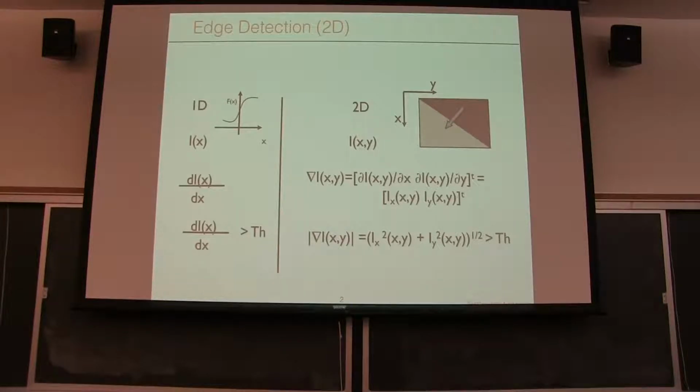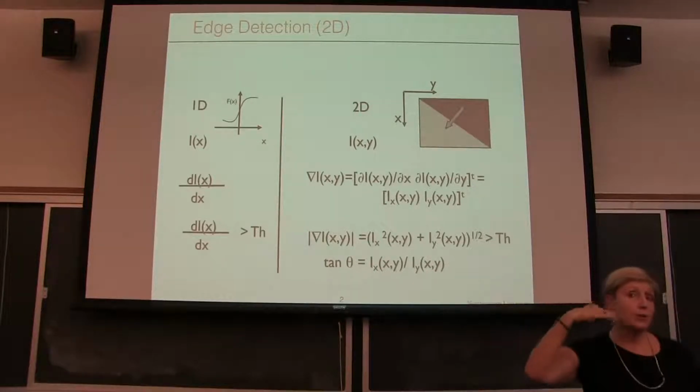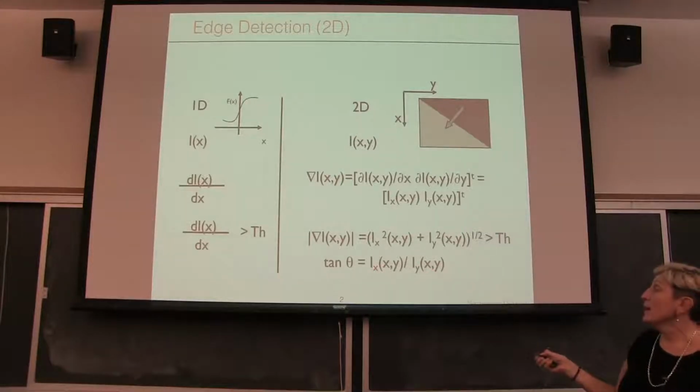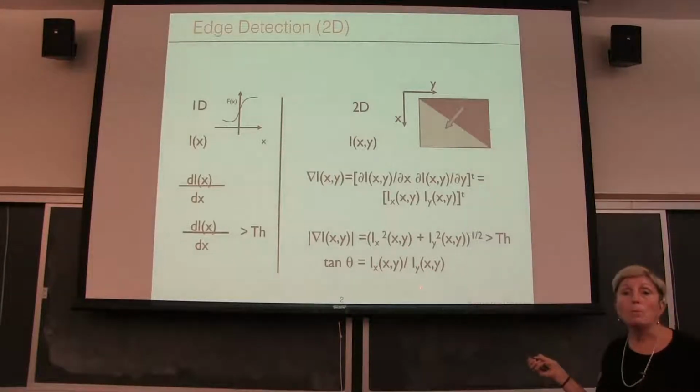Sometimes we are in a rush, and instead of doing this, what we do is sum the absolute values of each component, and that also works. Okay? And as I said, it also gives the orientation. So the tangent of the angle of this vector, which is perpendicular to the edge, is given by the ratio of the two components. And depending on who is your reference, the horizontal or the vertical axis, you might see the first component divided by the second component or vice versa.